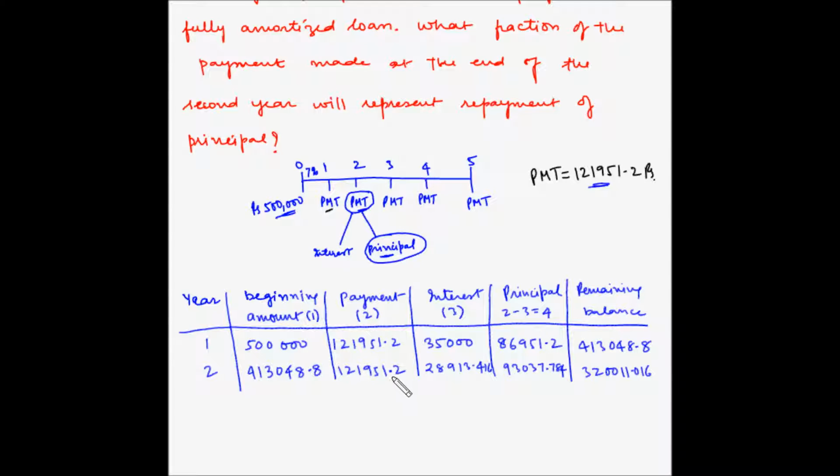So basically we have to find out what fraction of this installment is this portion, which is the principal component of this installment. So basically 93037.784 divided by 121951.2 into 100.